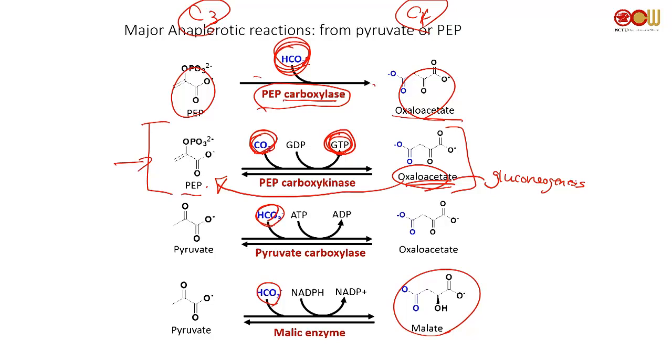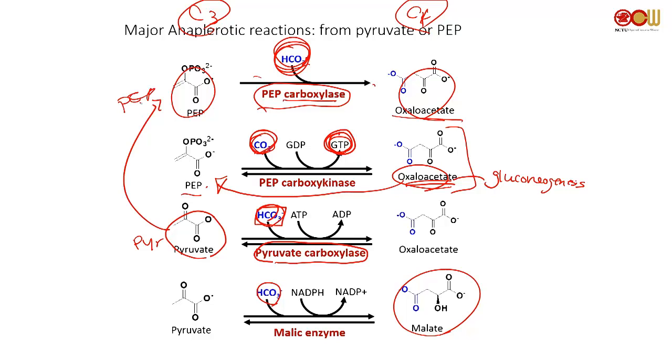There's also an enzyme called pyruvate carboxylase. Some organisms use this, like yeast, and some bacteria, where they can directly take pyruvate plus bicarbonate. Pretty similar to this one, however here it's pyruvate and there it's PEP.